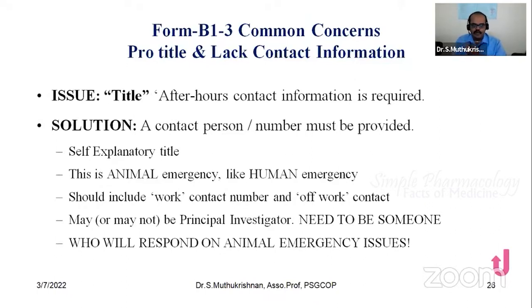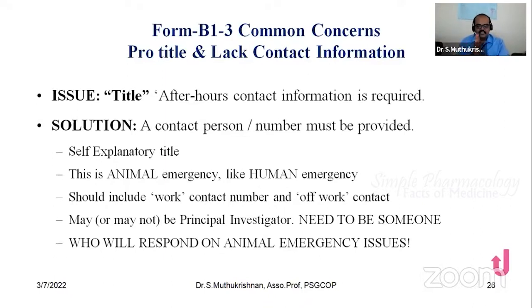The problem is that the principal investigator or any authorized person, student, whoever it is, has multiple phone numbers. One is considered personal, one is considered official. So when we try to reach them, they will never answer the official number after office time.